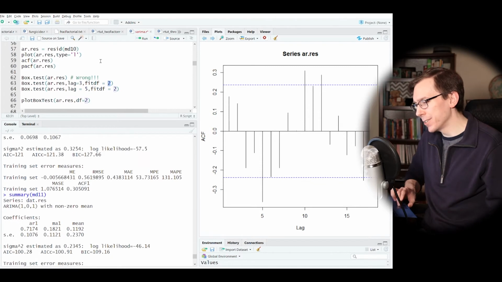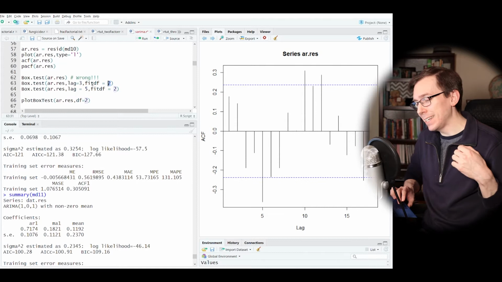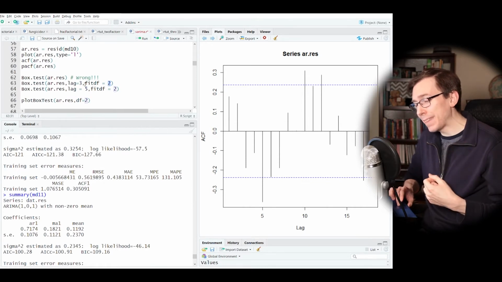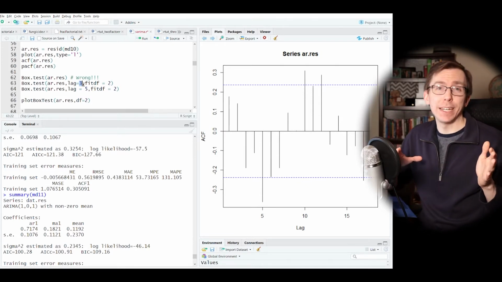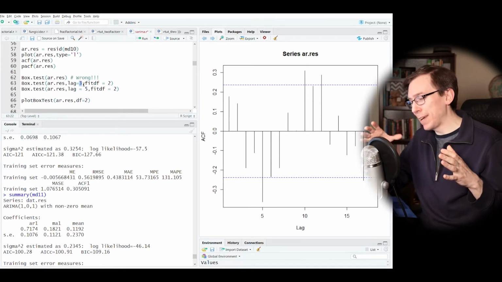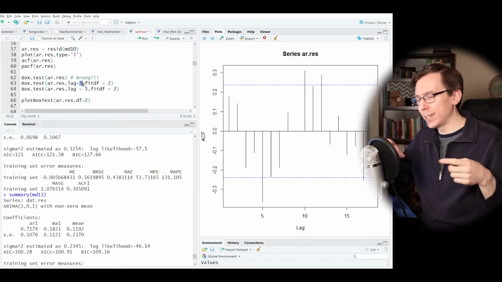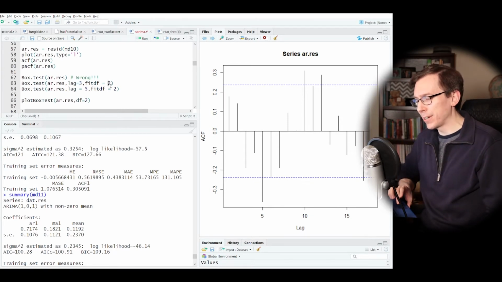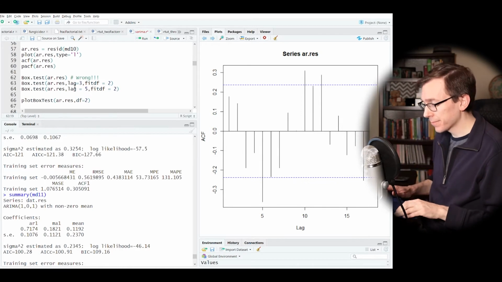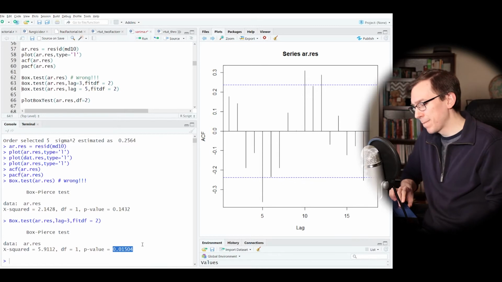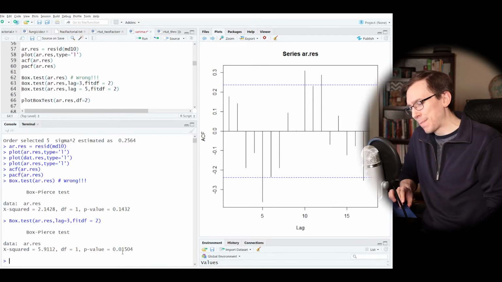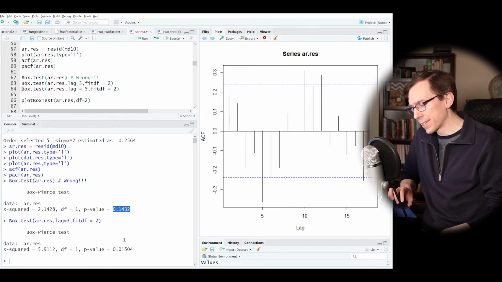So what I had to do instead was actually decrement the number of degrees of freedom by 2, and that means we have to start at a lag of 3 or higher. Remember from that lecture where we introduced the box test, we need to make sure the lag is at least 1 unit greater than the number of parameters that I fit in my model. And if I do that, now I get a p-value that looks a little bit more significant. It looks like it's about 1.5%, which is much more interesting than 14%.